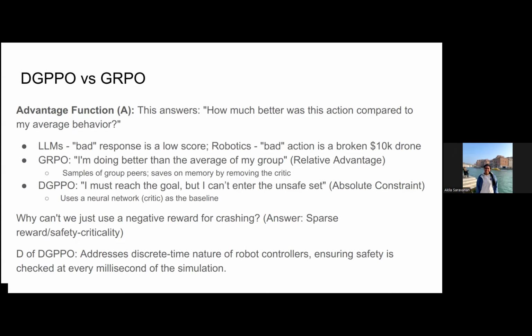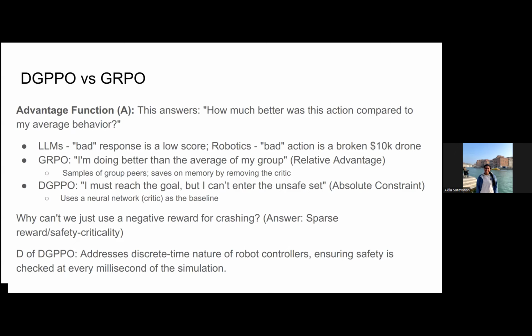We don't want to just have a negative reward for safety, like collision avoidance or crashing, because if you have an imbalanced reward function, then reward hacking can cause you to just ignore the safety component.